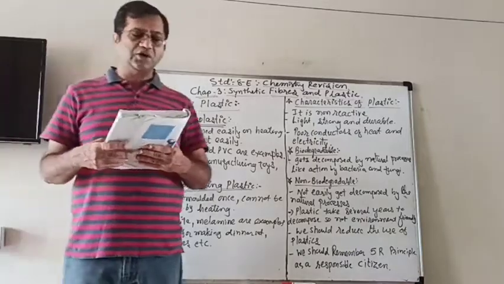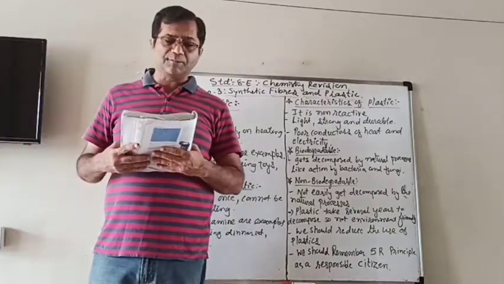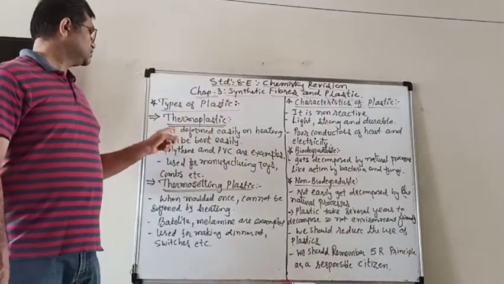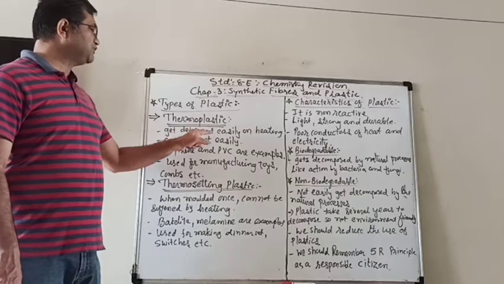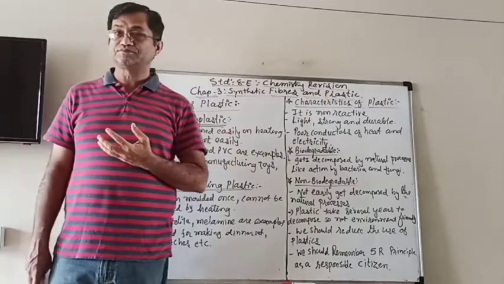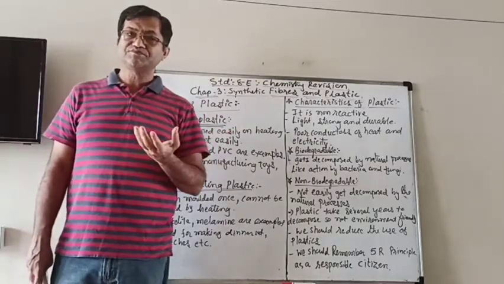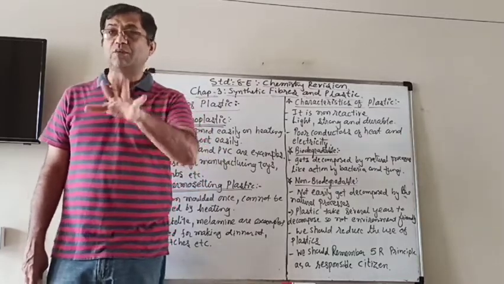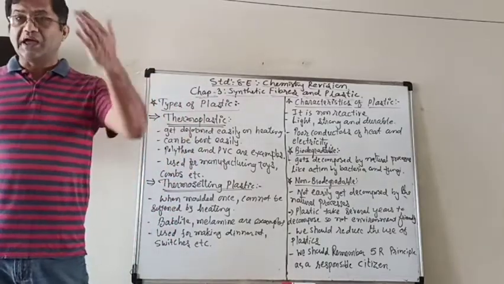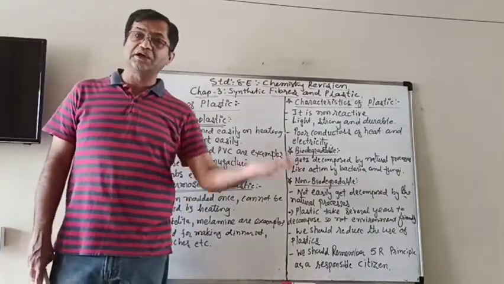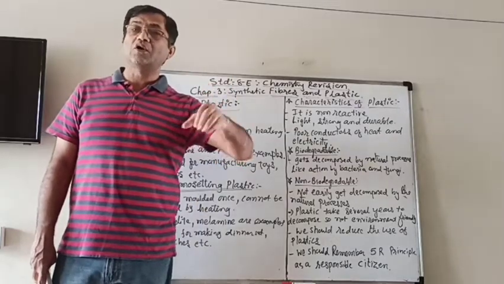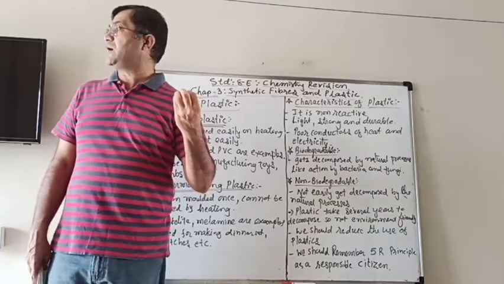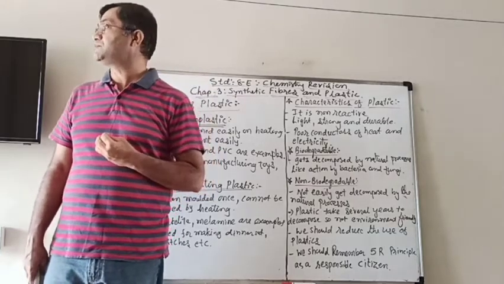That plastic is known as thermoplastic. So what is thermoplastic? The plastic will get deformed easily on heating. So when we heat them, they can be deformed, and then you can mold them in any desired shape. And when it cools down, it regains the original texture. So those are known as thermoplastics.